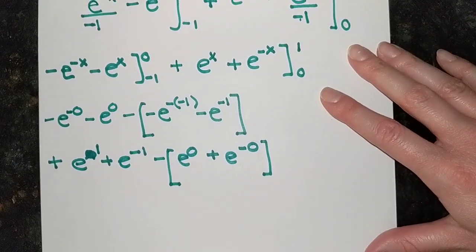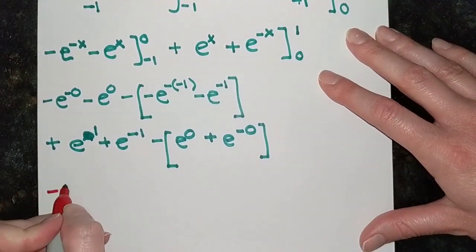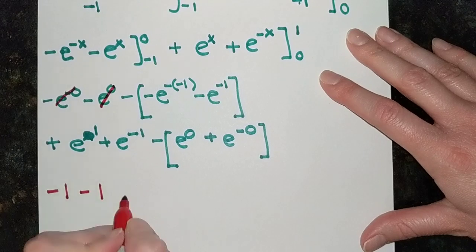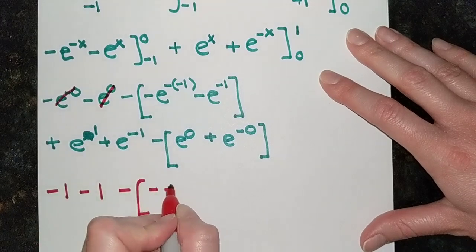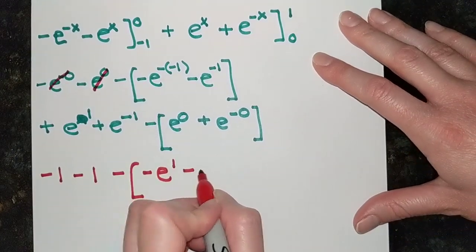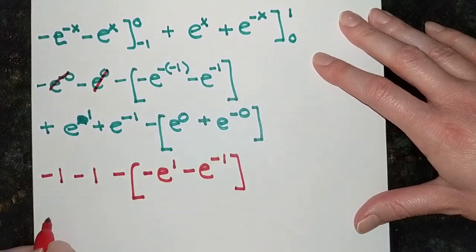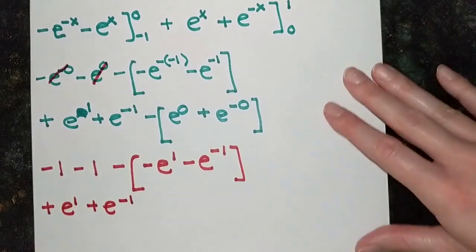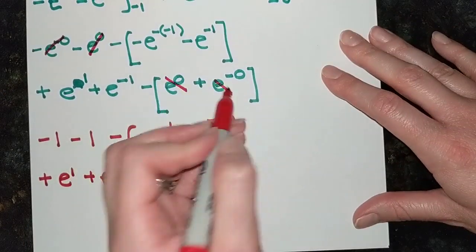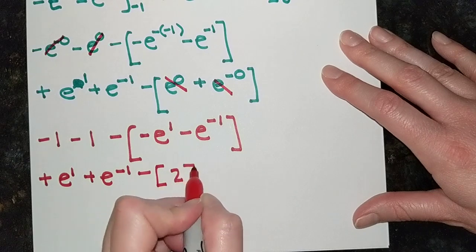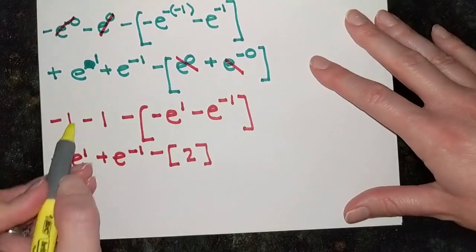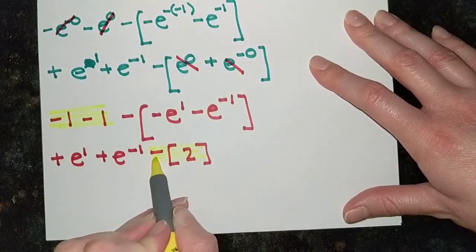Now, when you simplify this, you are going to get -1 because you have e to the 0, which is just going to go to 1, and then minus, again, an e to the 0 goes to 1, minus negative e to the positive 1 minus e to the negative 1. Then you add that e to the first plus e to the negative 1 minus, and then these both go to 1, so you're looking at minus 2. Okay, so if you combine all your like terms, you're going to have negative 1 minus 2.